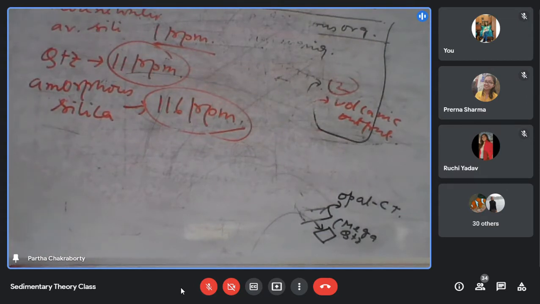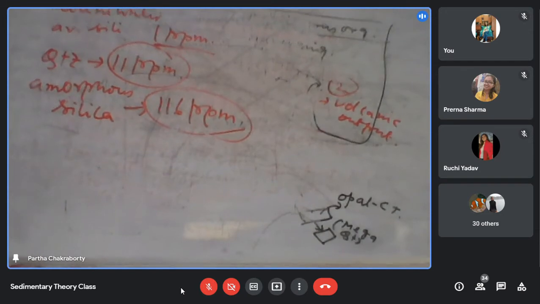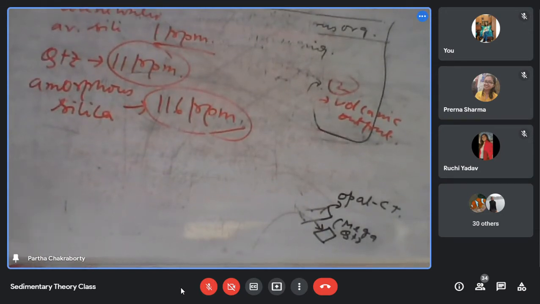But when it comes to ocean water, it becomes 1 ppm. And if we experimentally see the minimum concentration required for the stability of quartz or amorphous silica, we get about 11 ppm or 116 ppm. So the conclusion is that quartz and amorphous silica are not stable in the marine water.